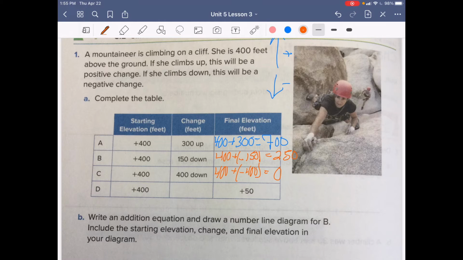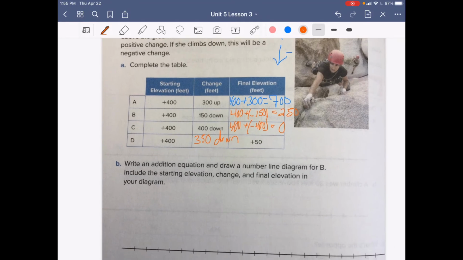That's right, we're going to go down. So how far is 400 from 50? Well, we could figure that out by doing 400 minus 50, which would give us 350. So we're going 350 feet down to get to our 50 elevation.